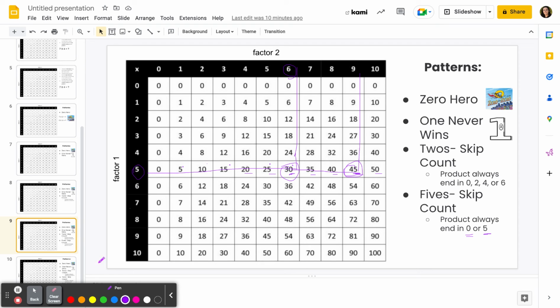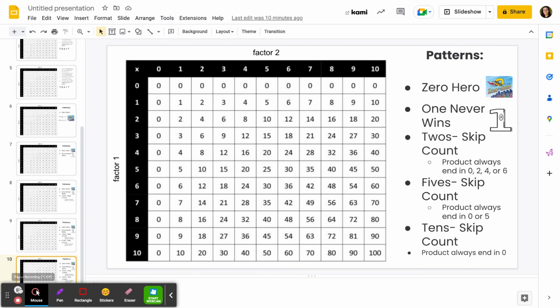Skip counting helps you with multiplication. Let's notice our last pattern here, and this is something we'll work on this week. When we multiply by 10, if I look down my column for 10 here, I'm always going to have a 0 in the ones place.